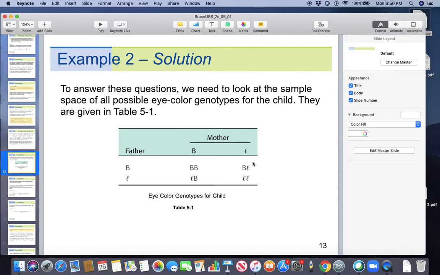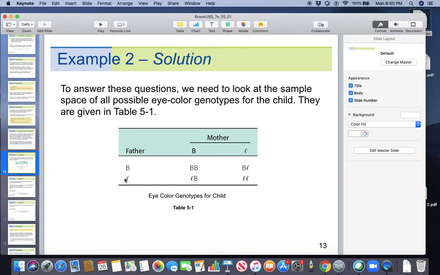Okay, so let's look at the options the father has. Father has options brown, and this is for the blue. Mother brown, and this is for the blue. If both father and mother have the brown gene, that's one option.